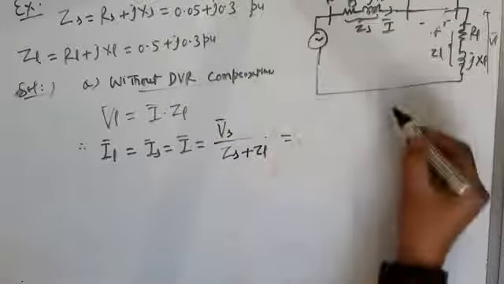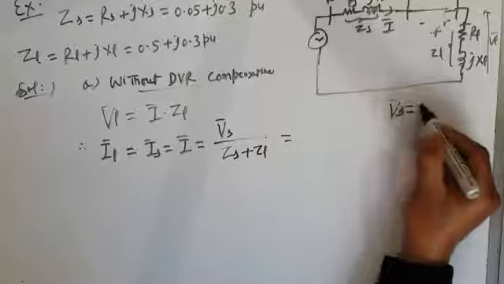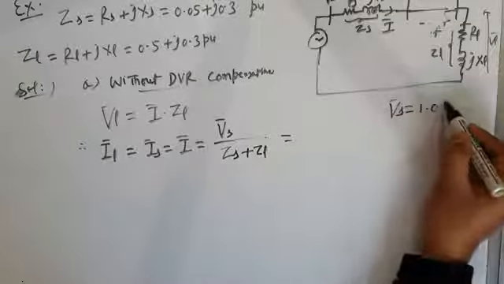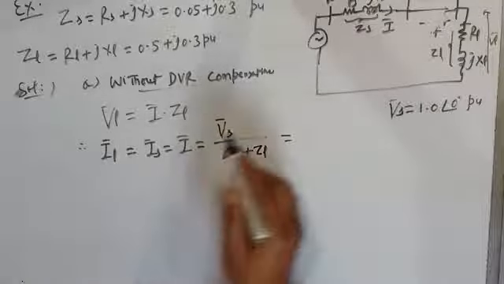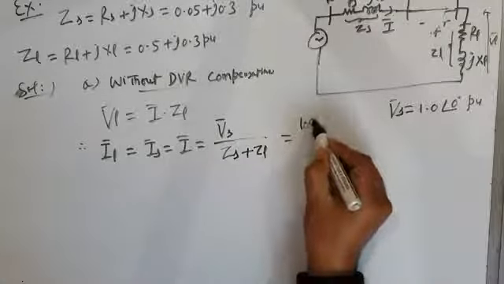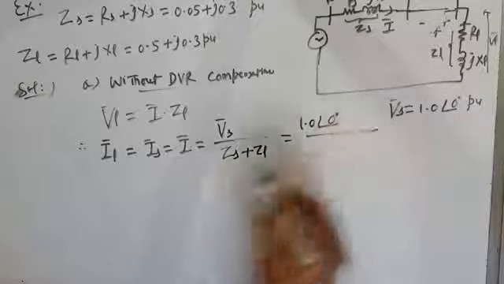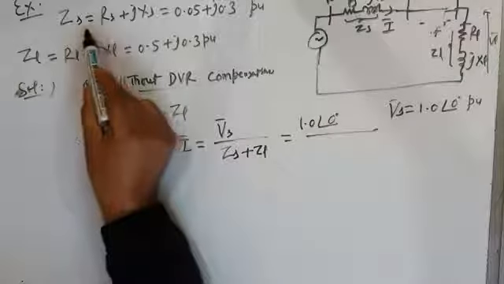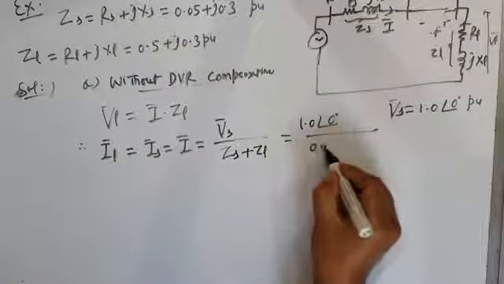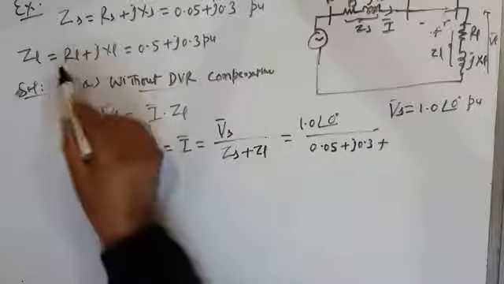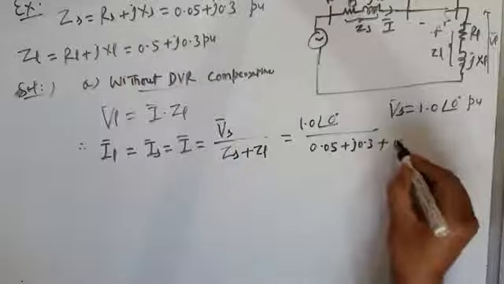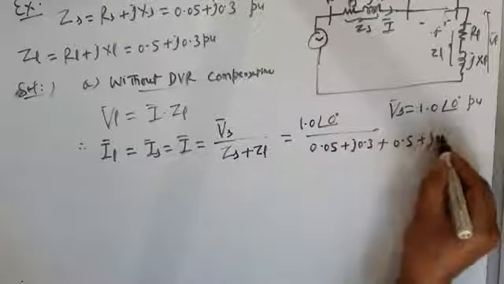And what is in the problem? It is said that source voltage you have to take as 1.0 at an angle of 0 degree per unit. You have to take it as reference. So source voltage is 1.0 at an angle of 0 degree divided by source impedance 0.05 + j0.3 plus load impedance 0.5 + j0.3.